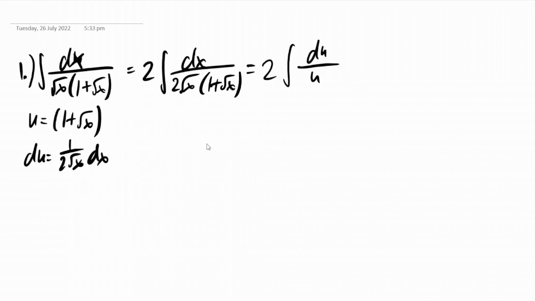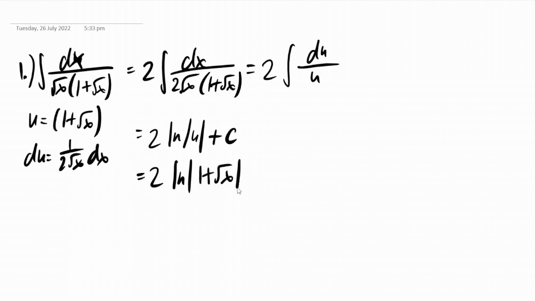So this equals ln absolute value of u plus constant of integration. Now we are going to revert u back to its original. That is equal to ln absolute value of 1 plus square root of x plus c, and that is our final answer.